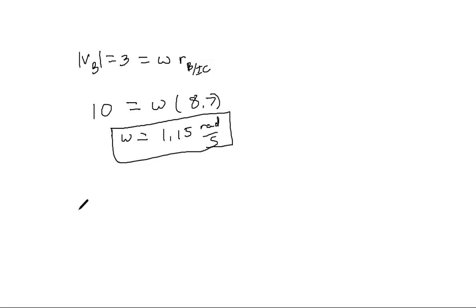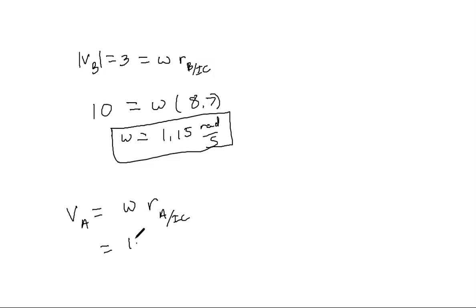All right, now that we know omega, it's pretty easy to work out the speed at A, because the speed at A is just going to be omega times RAIC, and we just found this number a moment ago.